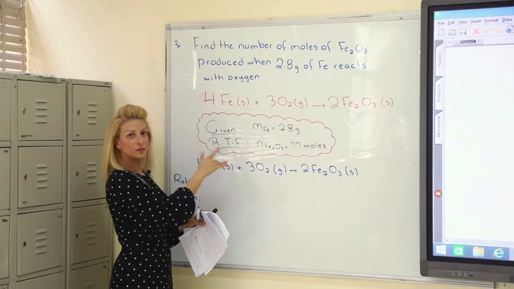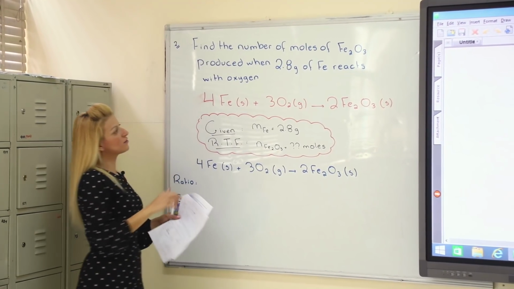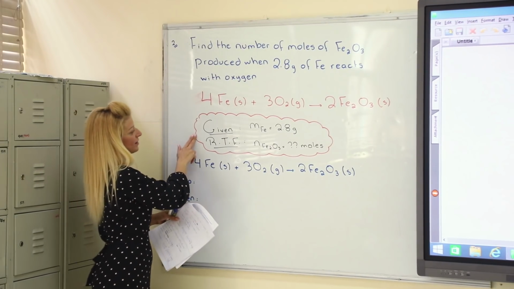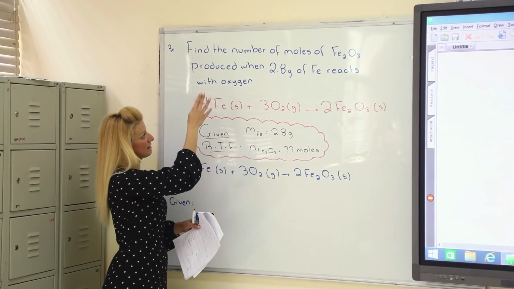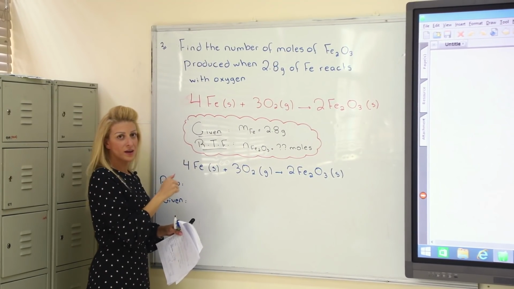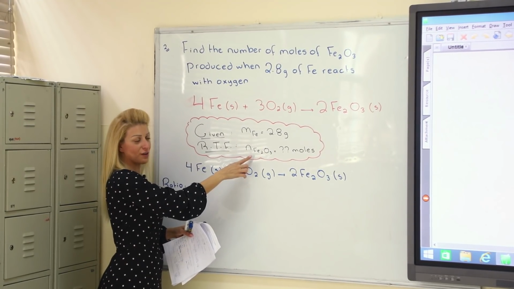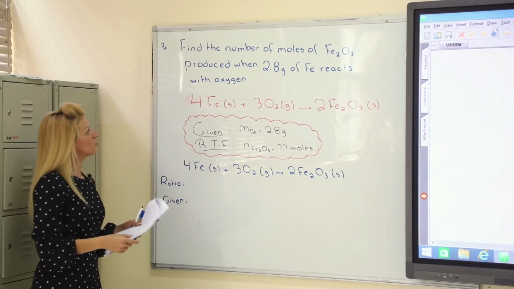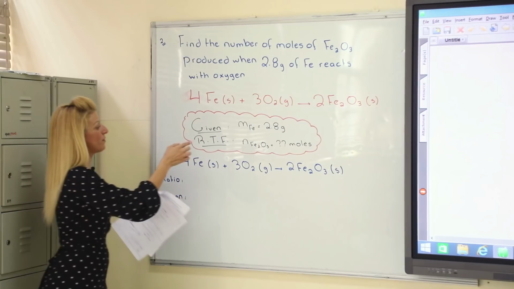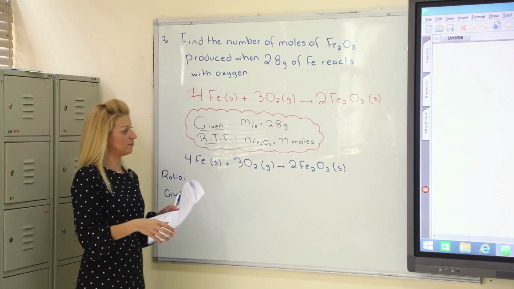We can move on to write the given and the required to find. The given is the mass of iron, 2.8 grams. Required to find is the number of moles of Fe2O3 that will be produced when this mass of iron reacts with the oxygen in the equation.